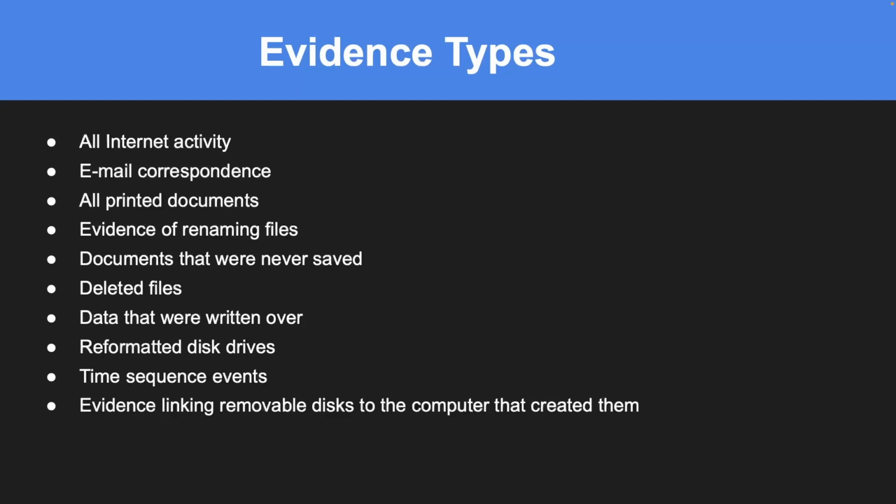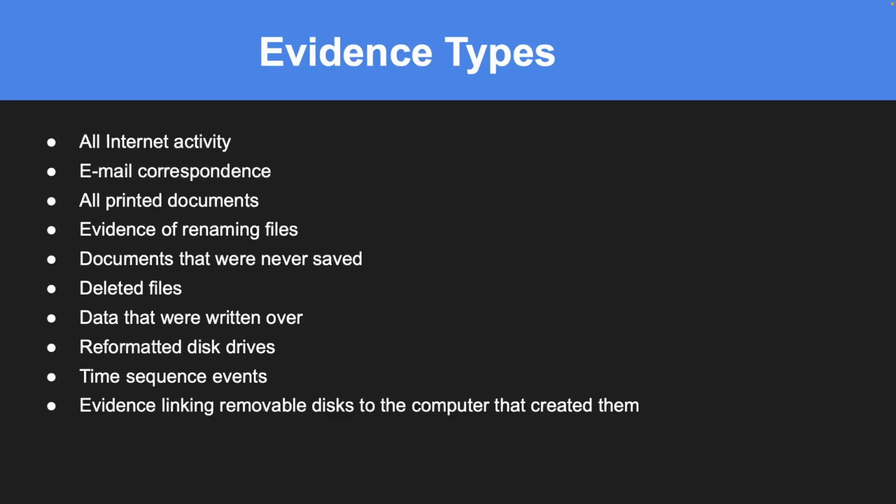And we can also use forensics to help us find the time sequence of events, which is called time stamping or pattern of life analysis. We can use the time sequence of events to create a pattern of life analysis to show where this computer was and what it was doing, and if there were any habits that this computer user had when they were using this computer.